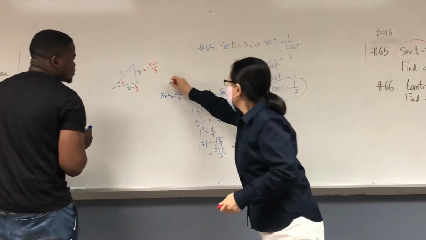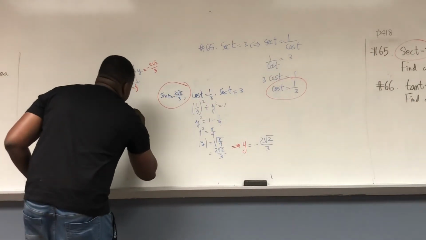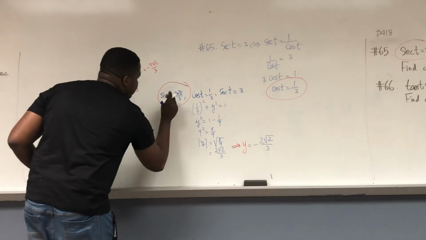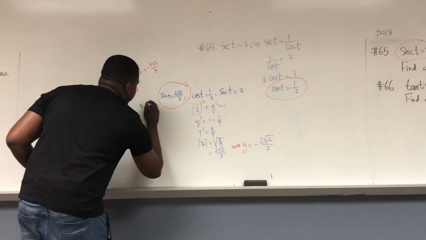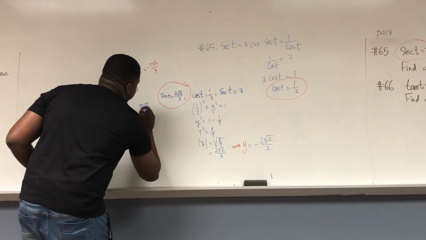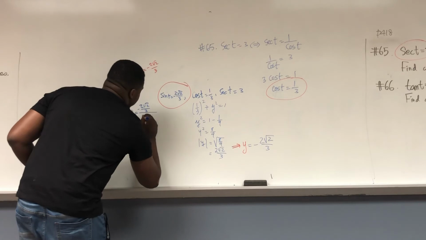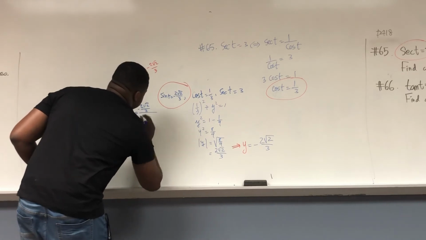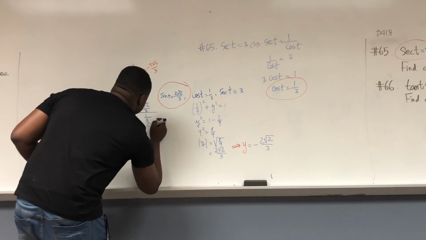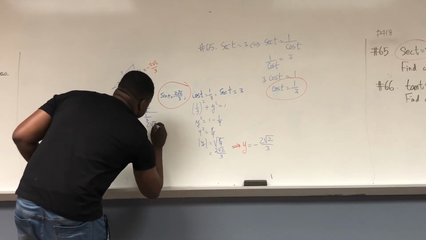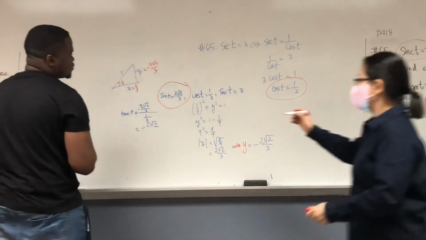Okay. And tangent. Sine t over cosine t. Good. So you got a tangent. Very good.